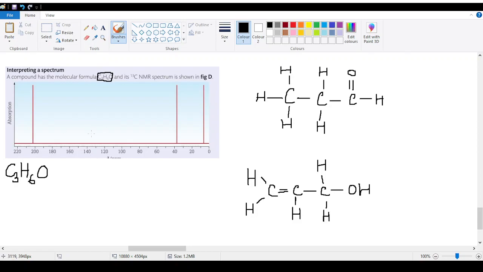So this graph is obtained after you did NMR spectroscopy. And we can use this to identify which structure is possible. All right, so the question told us that we have a molecular formula C3H6O, but we don't know what the structure actually looks like. Now there are two possibilities here. One of them is this one or this. Only one of them will be correct according to the graph, and we have to figure out which is correct.